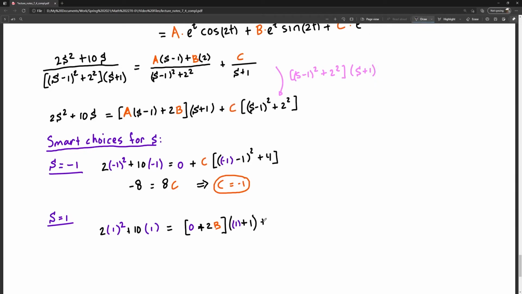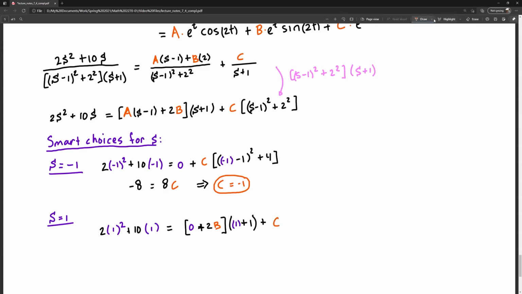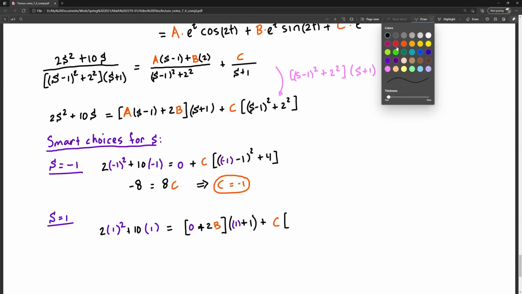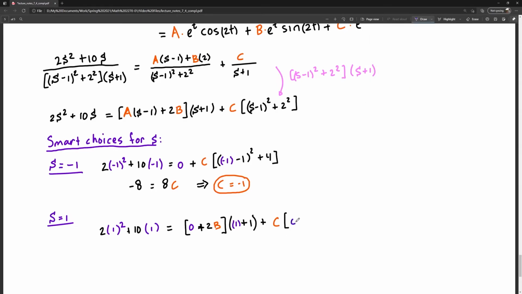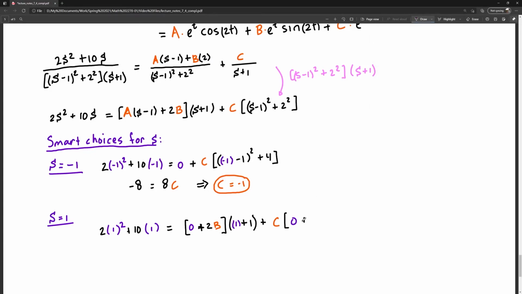And then for the c part, we still have the c, and the first part, when you plug in 1 here, that gives you 0. So we have 0 plus 2 squared, or 0 plus 4. Okay, let's evaluate that. On the left, we get 12. And then on the right, we get 2 times 2b.